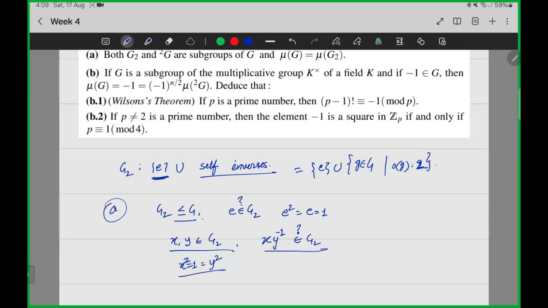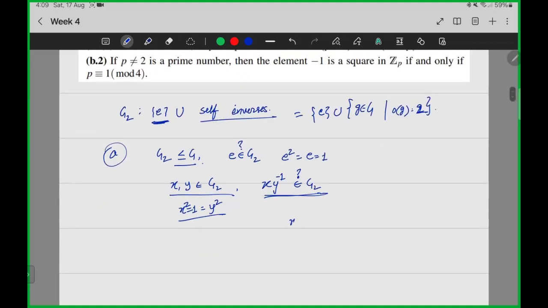So we have to show that (x y inverse) squared is 1 or not. If it is 1, then x y inverse belongs to G2 and G2 will be a subgroup.